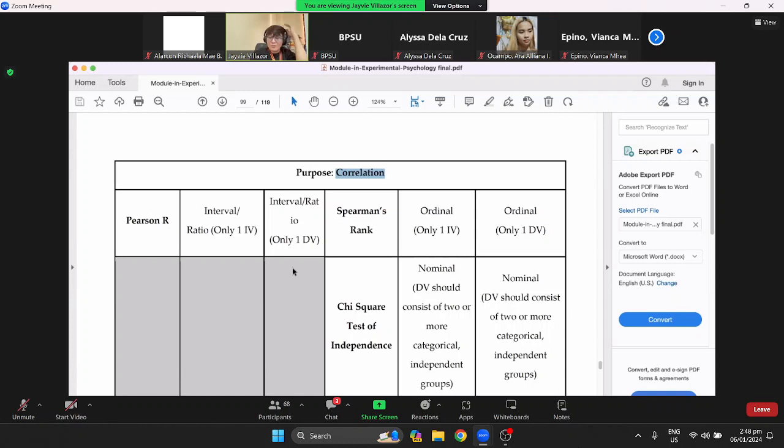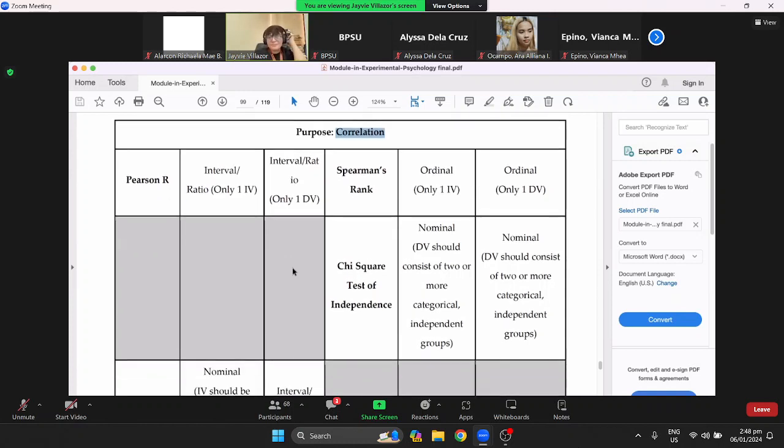Okay po? What if, what if ang counterpart ng Pearson product moment correlation coefficient ay Spearman rank. Okay? Spearman rank.